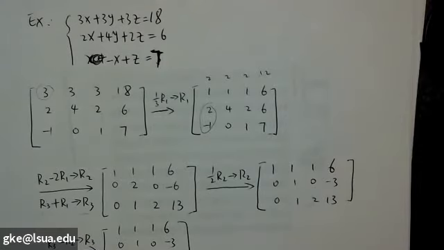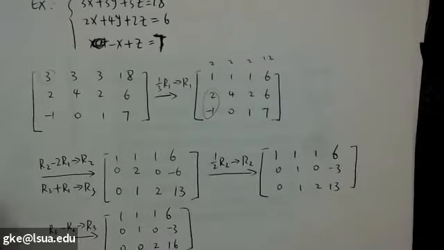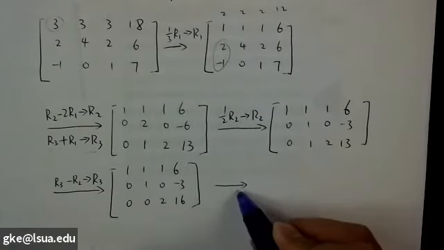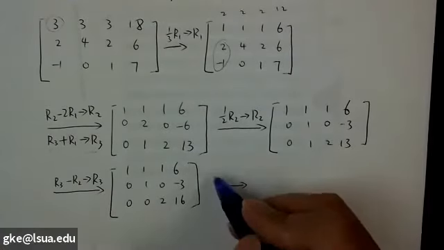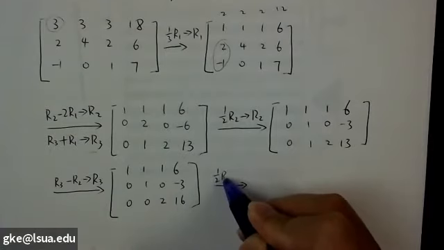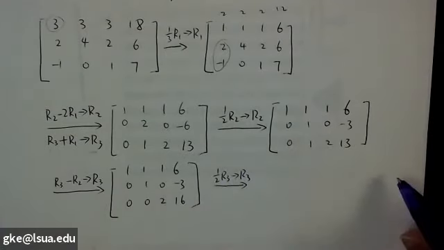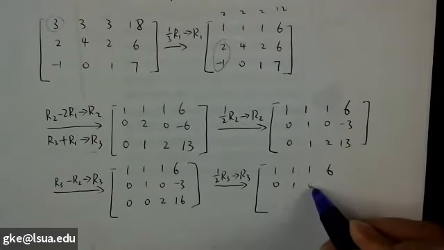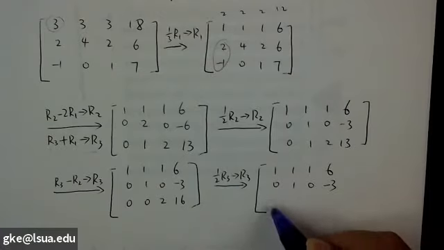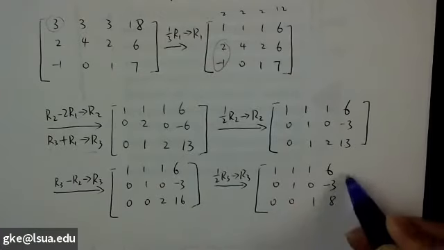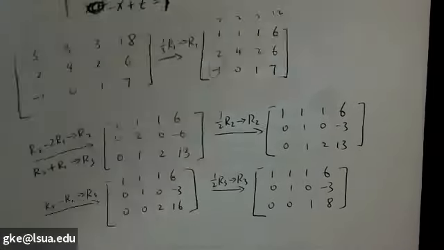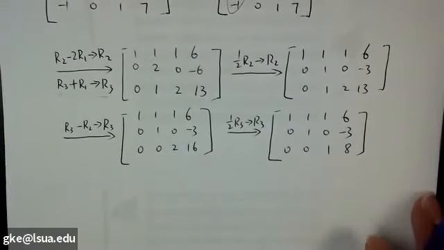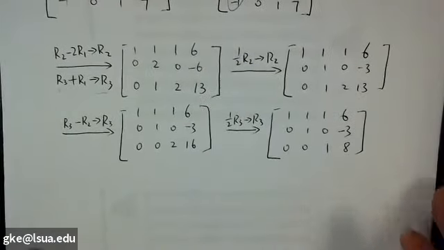We want to keep this guy equals 1. Oh, sorry, equals 1. So we have Okay. Now we finish Gaussian elimination, right?